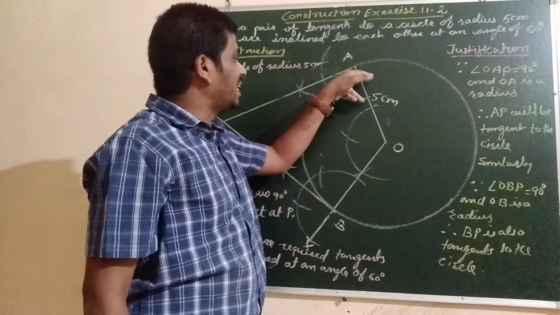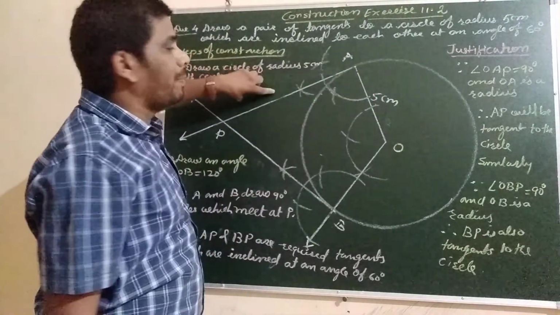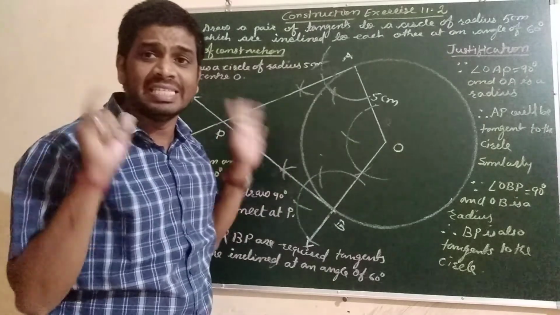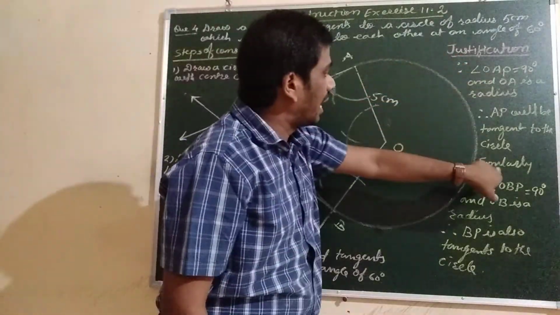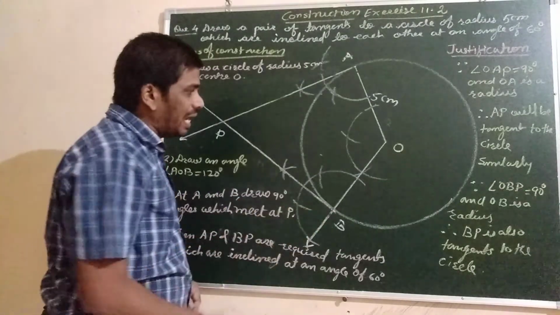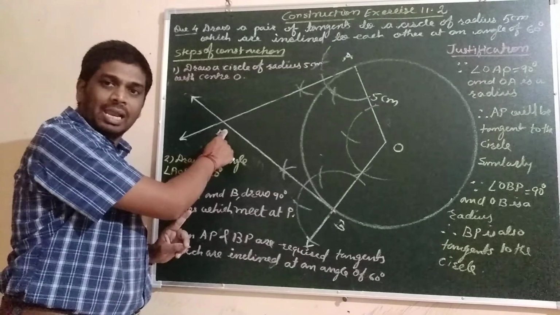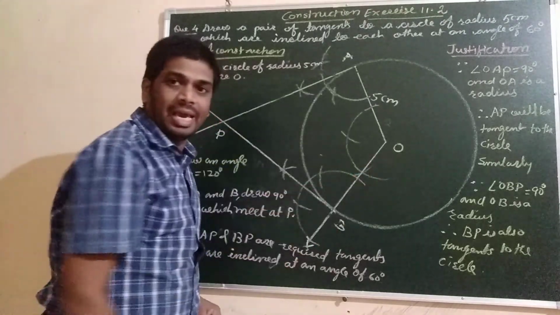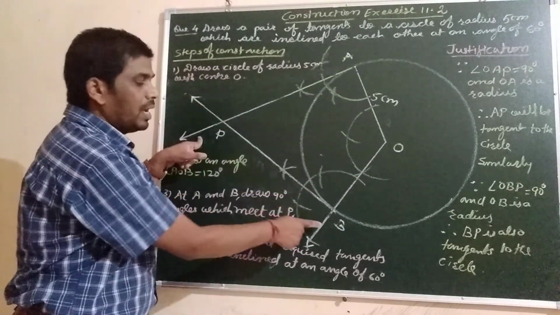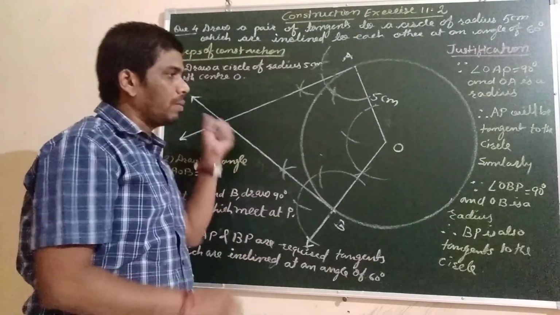This is 90 degree, and this is the radius, so obviously AP has to be a tangent. Similarly at B also, angle OBP is a 90 degree angle, and OB is a radius. Therefore PB has to be a tangent to the circle. This will be the justification.